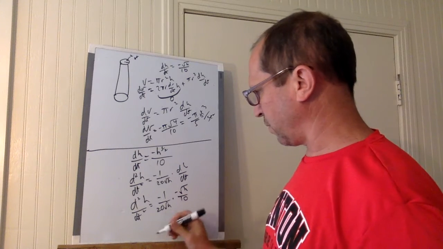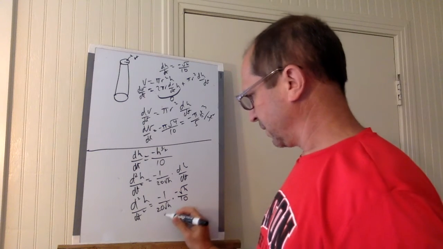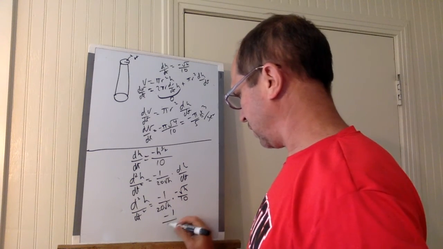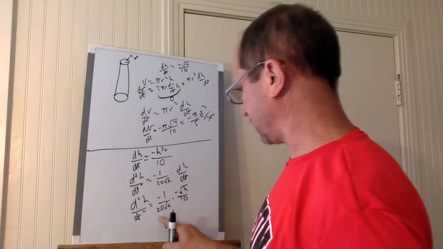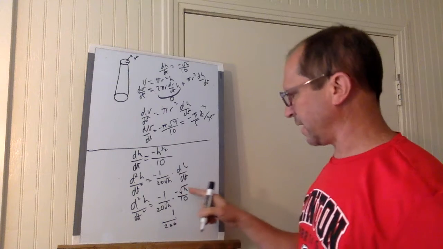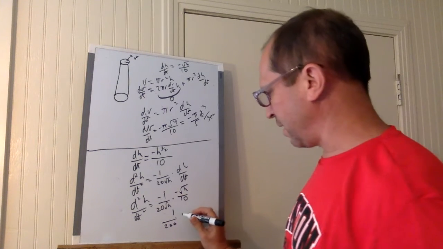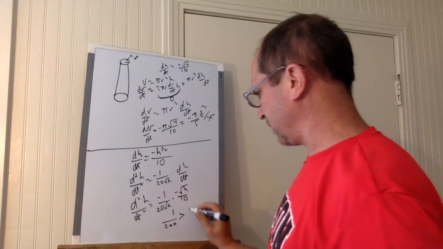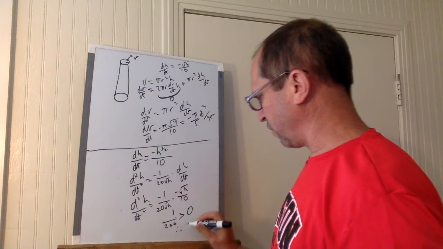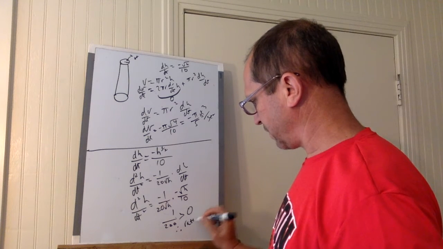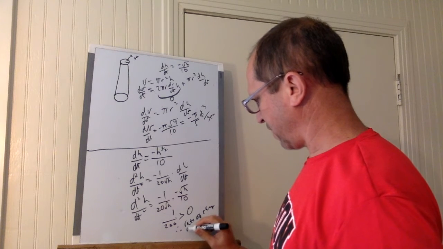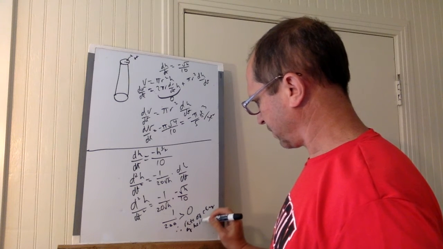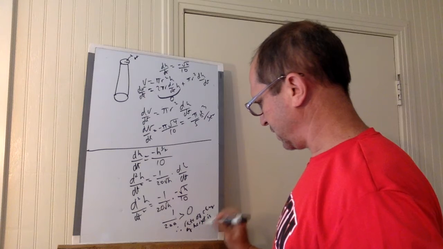Well, the 3's go away. So it's just negative 1 over 200. Positive 1 over 200. So we have a negative times a negative, so that number right there is greater than 0. Therefore, the rate of change of height is increasing.